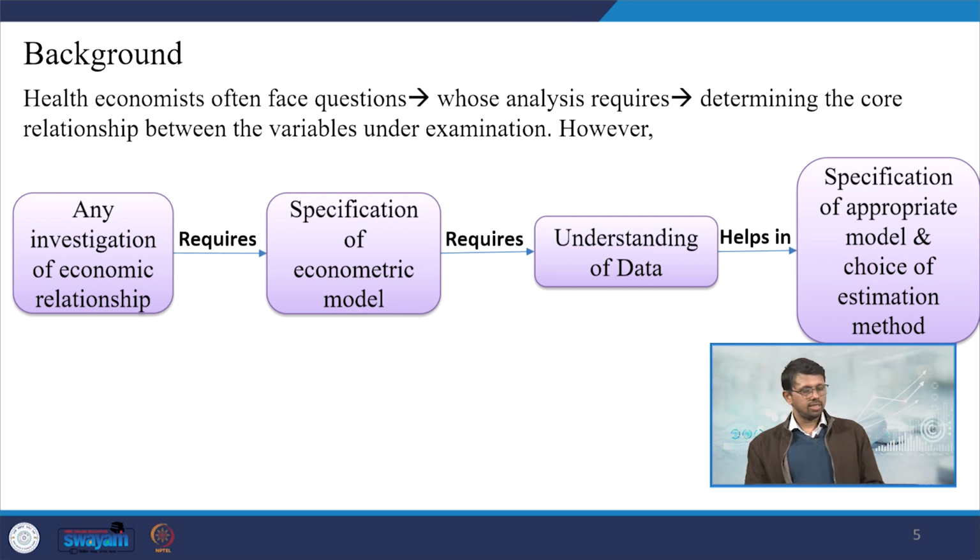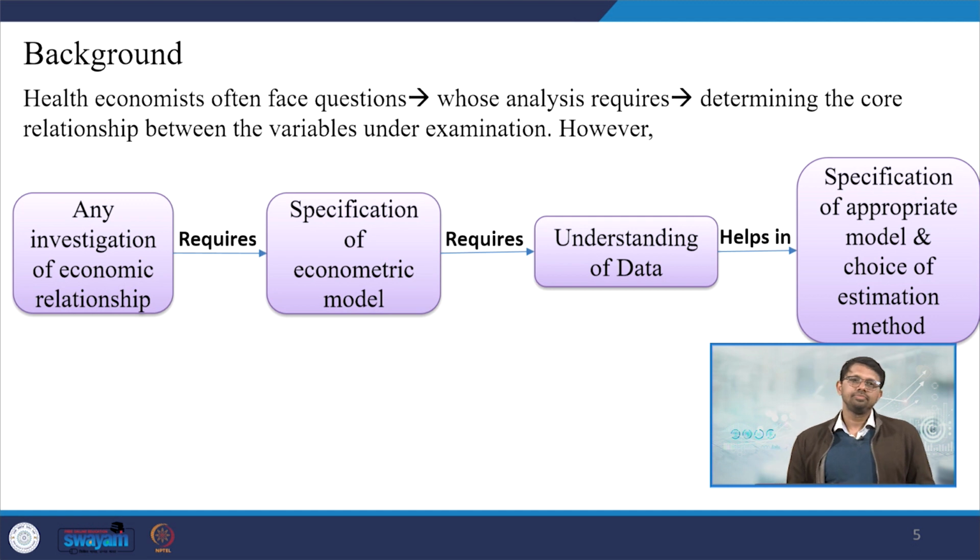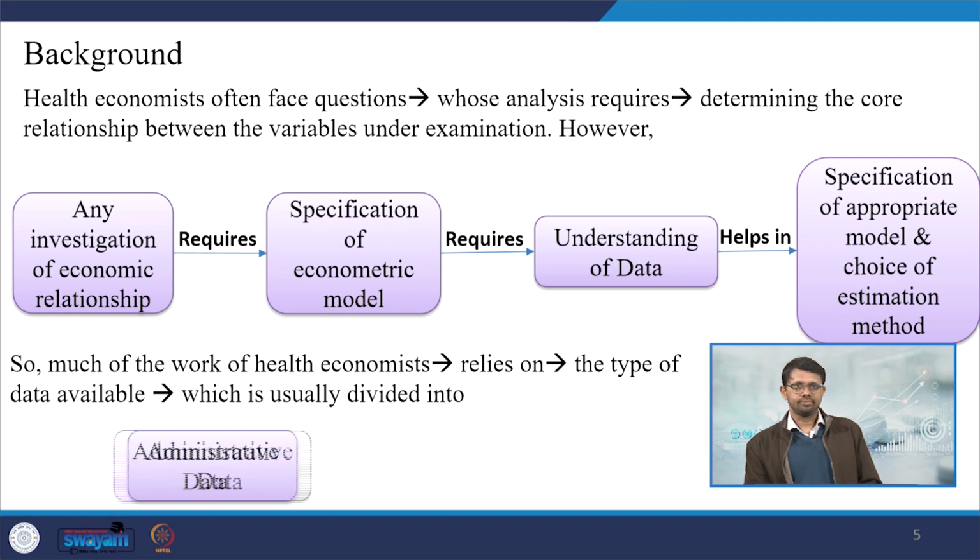The sequence is: understanding the investigation of economic relationships requires specification of an economic model, then it further requires understanding of data. All these help in specification of an appropriate model and choice of estimation method.